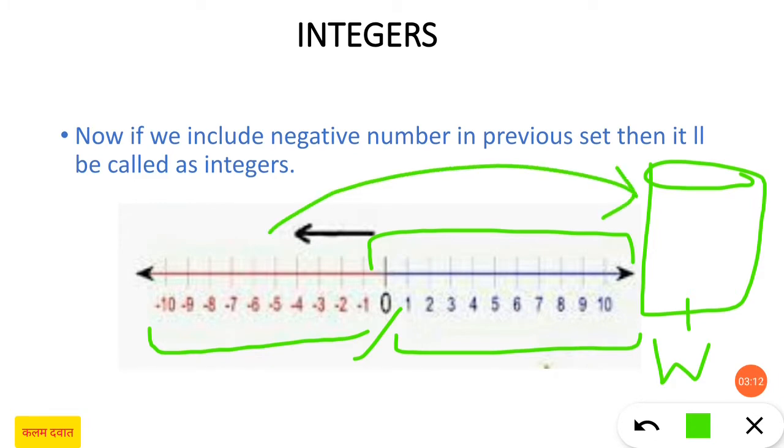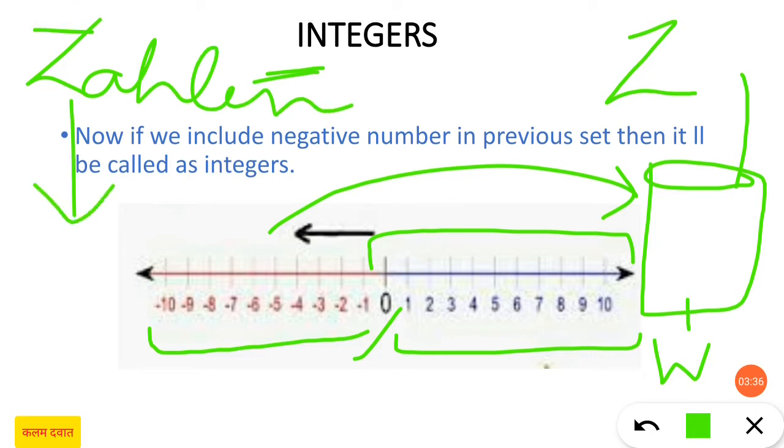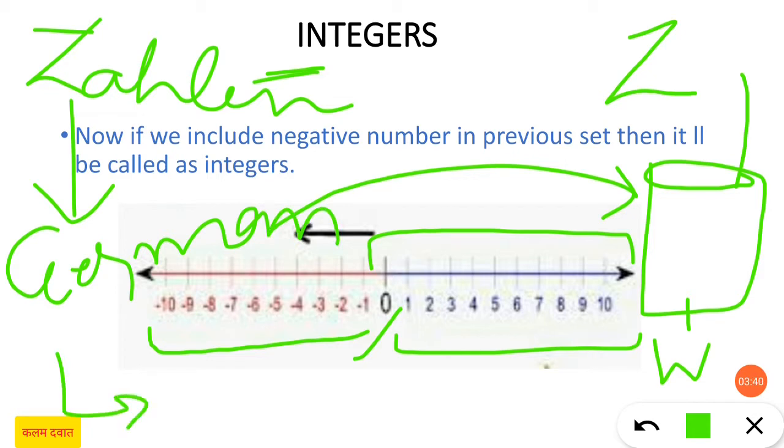Now this box will be called the set of integers, and it is denoted by Z, not I as we might expect from the initial, but in this case it is Z. The set of all integers together is denoted by Z. Z comes from the word Zahlen, a German word which means to count.